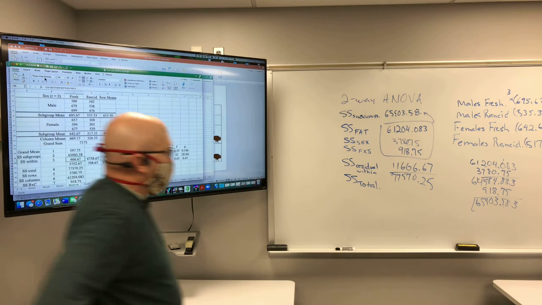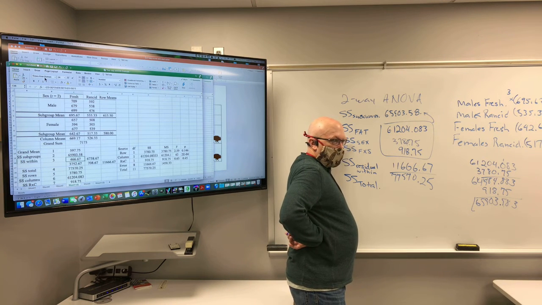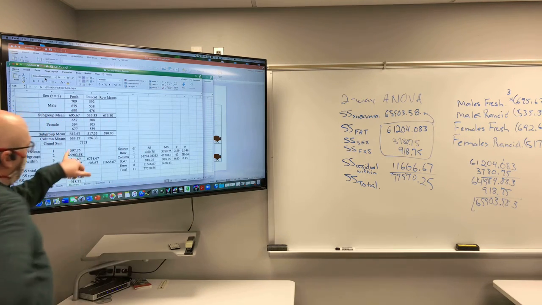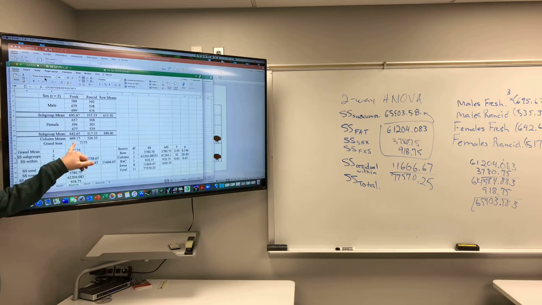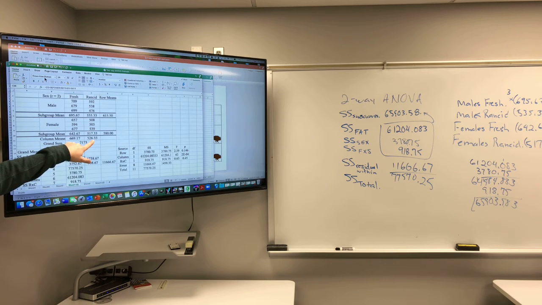Is the sums of squares fat going to be operating off of column means or row means? Column means. So what would we do? We want to see how the average of all of the individuals that were eating fresh fat, how does that differ from what? Well, not from rancid. We always compare the means of the treatments to what? One another or to something else?